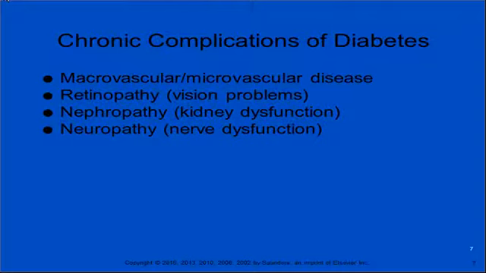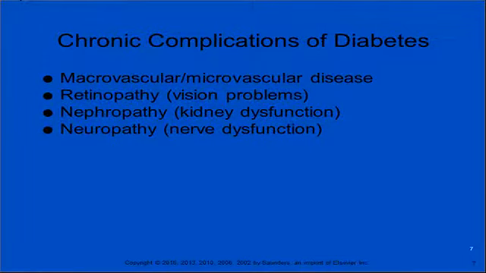Of course, we've talked about nephropathy in the past with kidney dysfunction, because with diabetes, almost every organ is affected, especially the kidneys. With the nephropathy, you have a change in the size of the kidney.